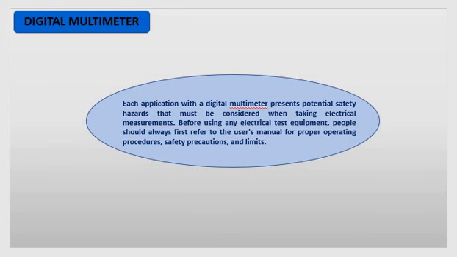Before going for any measurement, you must refer to the user's manual, which gives you guidance about the proper operating procedures, what safety precautions are to be followed, and what the limits of that multimeter or any electrical measuring equipment are. So you must remember this one.